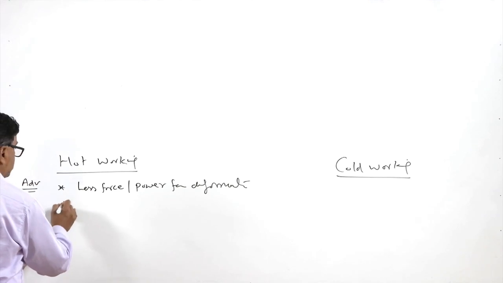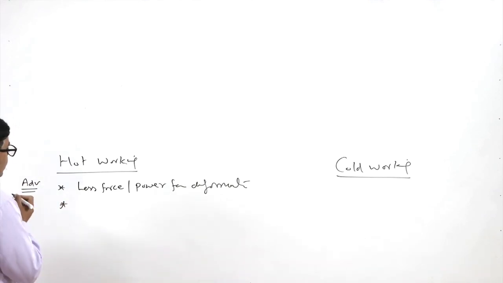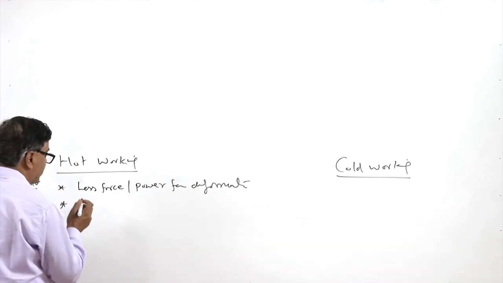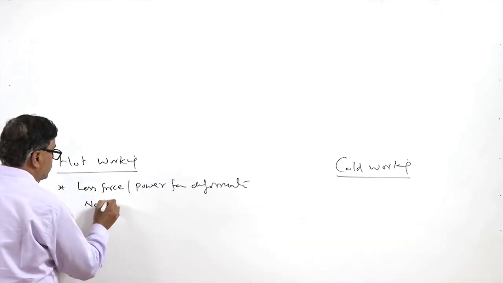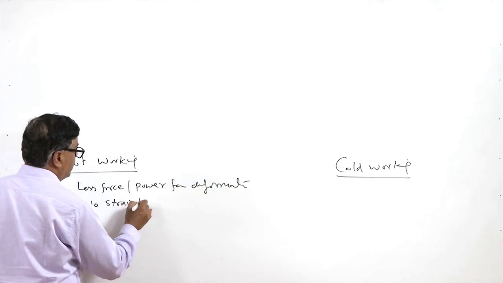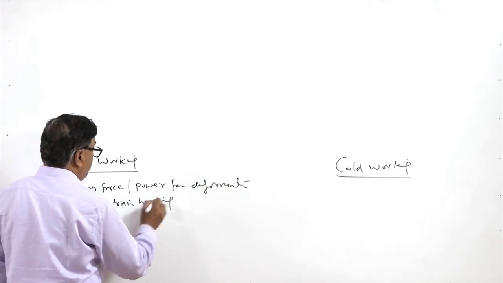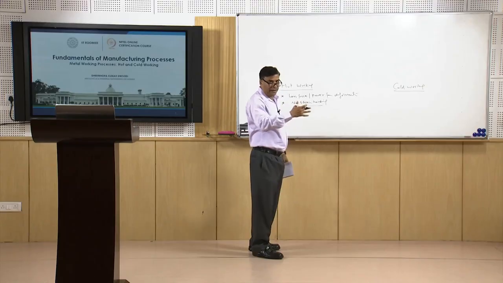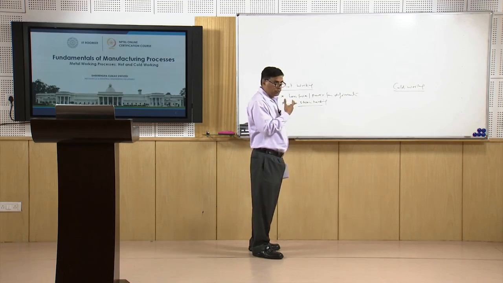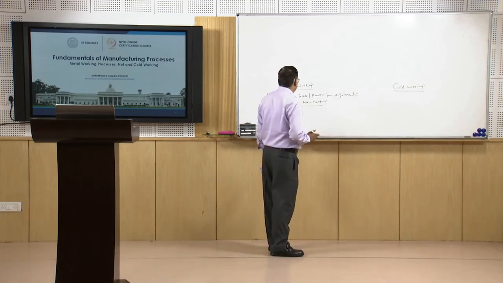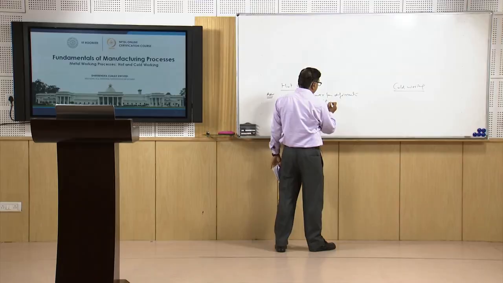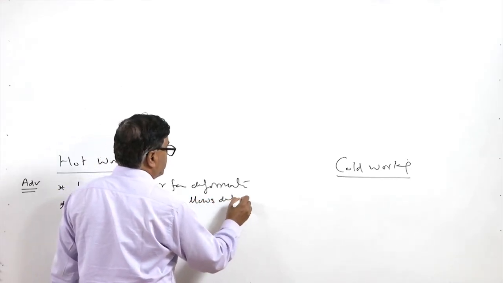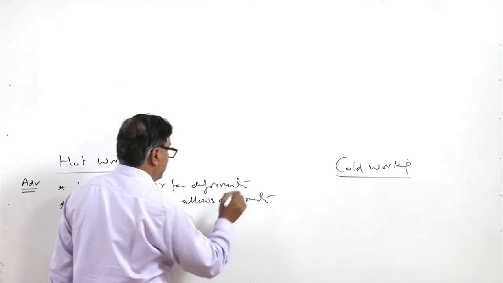This is one advantage. And when the metal is deformed at a high temperature above the recrystallization temperature, there is no strain hardening effect. So, we can continue to deform the metal up to any extent, it will not get cracked and it will not show any strain hardening effect. So, no strain hardening effect allows deformation up to any extent.